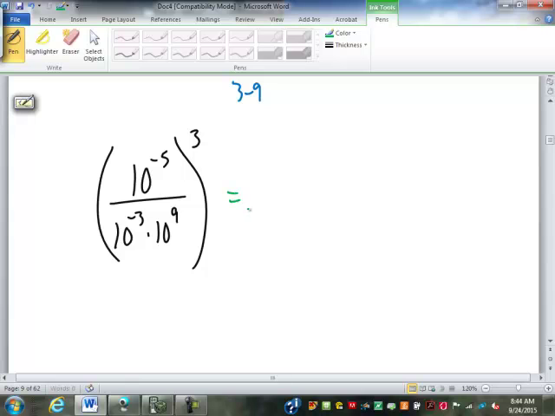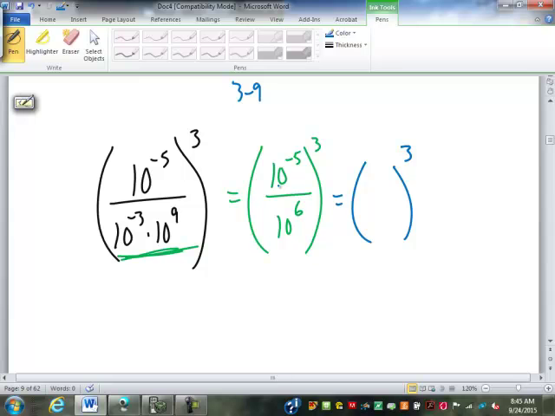Okay, where do I start here? On the bottom. What do I get down there? 10 to the 6th. Very good. 10 to the negative 3rd times 10 to the 9th. Since we're multiplying, the powers are added. Negative 3 plus 9 is 6. Everything else stays the same. Then what?